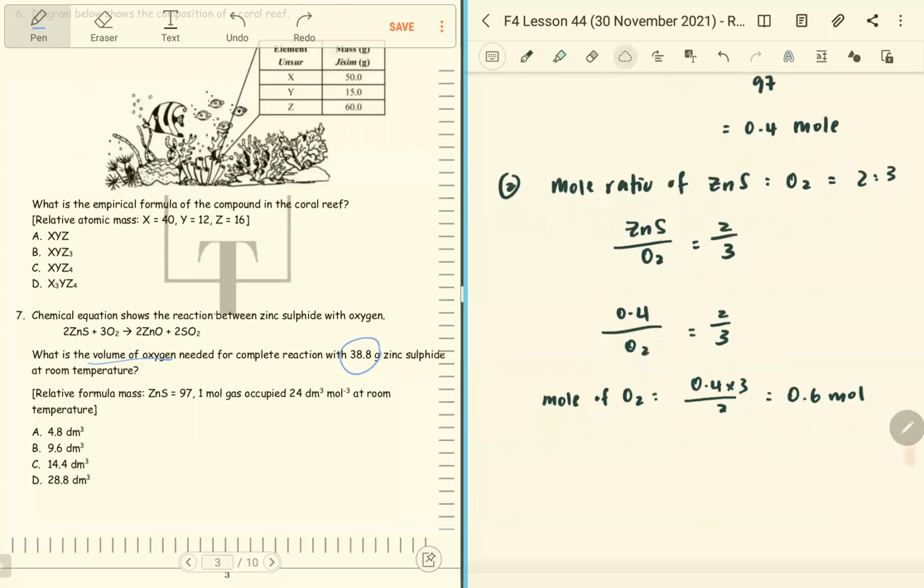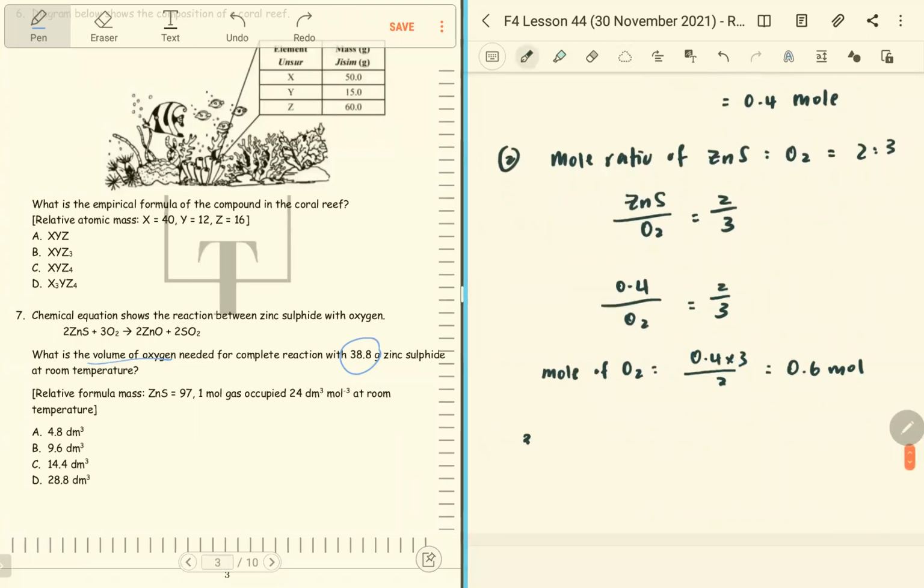Once you have the mole of what you want, you can now convert to your volume. So mole to volume, times whatever they give you. You are given 24, so just times 24, and you get 14.4 dm cube. Answer is C.